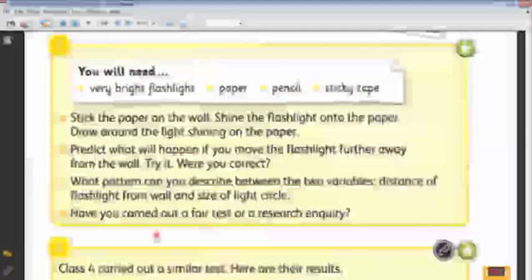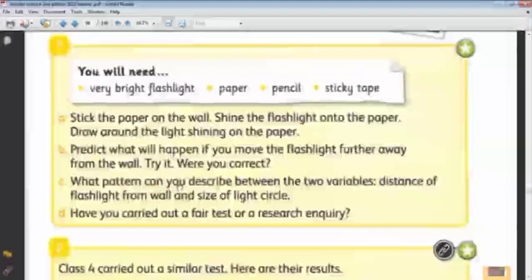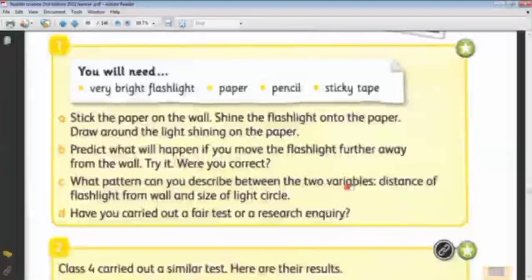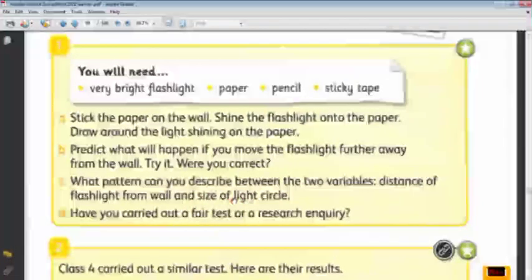Okay. C, what pattern can you describe between the two variables, distance of flashlight from the wall and size of the circle? Can you recognize or say a pattern about the distance of the flashlight from the wall and the size of the light circle?